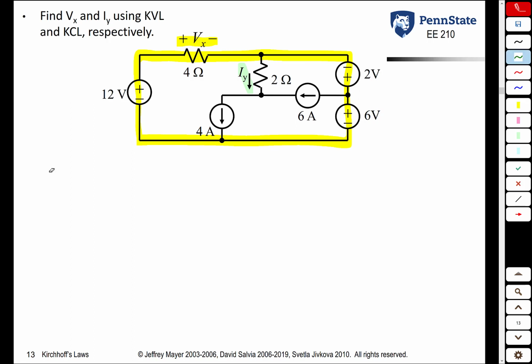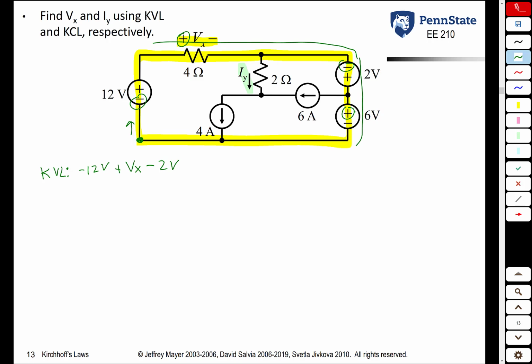If we do KVL along this yellow loop, we'll start at that green point and sum voltage drops, going clockwise. I get minus 12 volts. I hit the minus sign first, so I write it as minus, plus Vx, that's what I'm looking for. Continuing on, minus 2 volts.